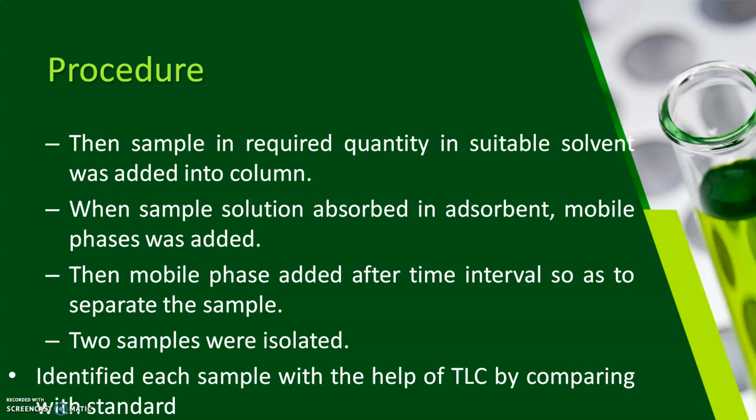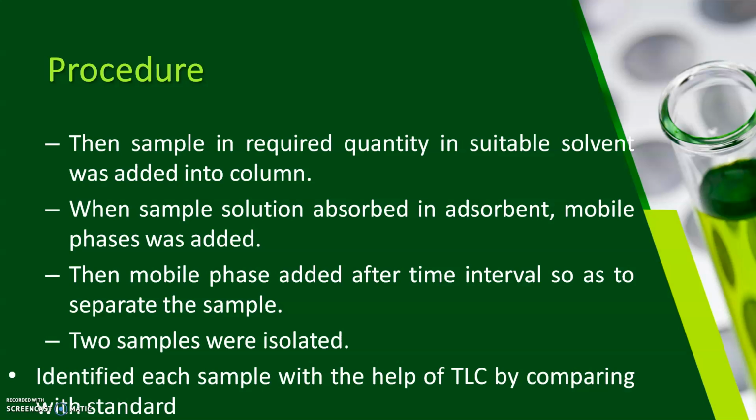So two samples were isolated. In this case, the different types of bands of the color pigments are separated. Mostly 3-4 bands are formed. It depends upon what type of mobile phase we use for the separation of these components.